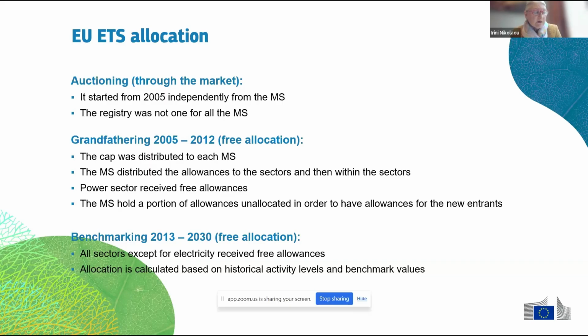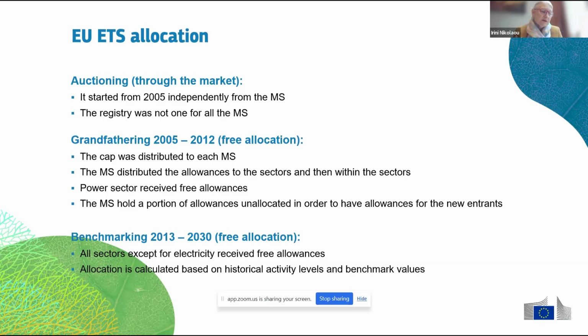Here we have, of course, every sector receiving free allowances, even the power sector. And then we changed because we saw that something was not going well. I don't have the graphics that show how many allowances were distributed in phase 1 and phase 2, and how many emissions we had, but the gap was huge.